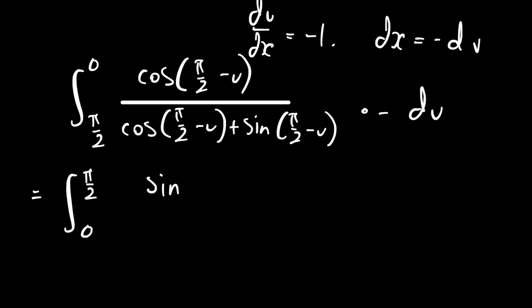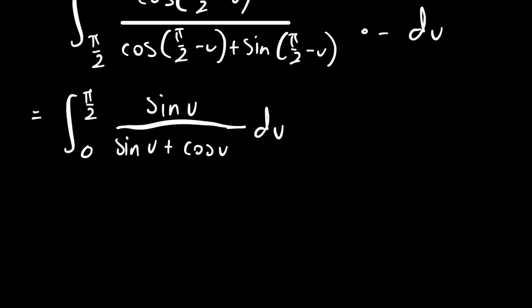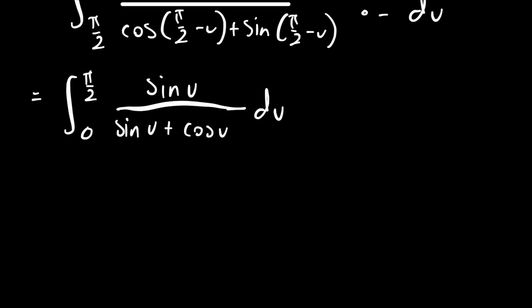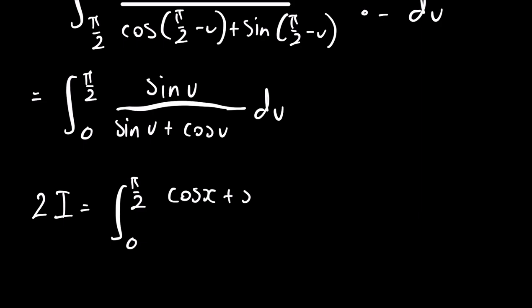This means we really just have sine of u over sine of u plus cos of u with respect to du. However, this is equal to our original integral, and so if we add these together, we have 2I equals, from 0 to pi over 2, of cos x plus sine x over cos x plus sine x.